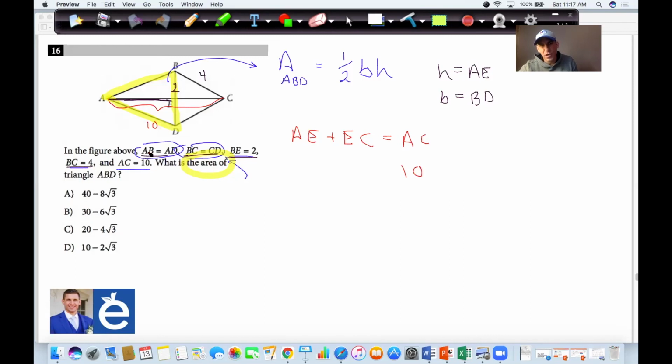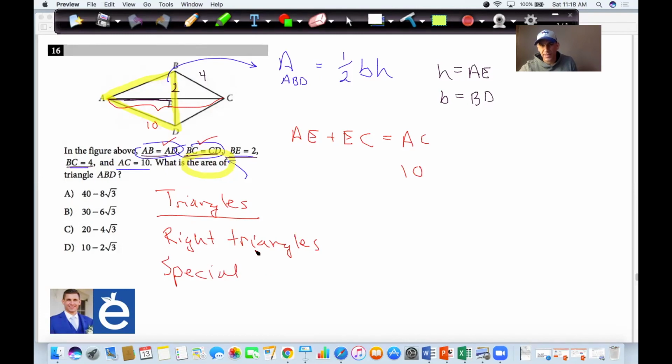Now the question is, why are they giving you AB equals AD and BC equals CD? What is the purpose of these things? Most of the time, whenever I have a triangles problem, there's usually three core things that I want to think about. The first, by far the most popular, is right triangles. They love right triangles so much that they even give you special right triangles inside of your reference section.